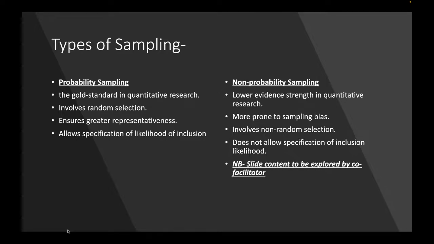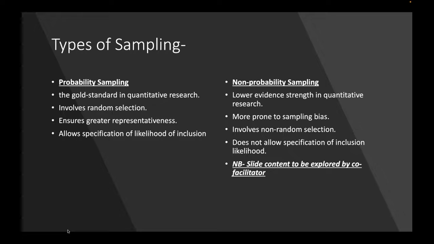Of course, items in the non-probability world are not mathematically determined, so non-random sampling or selection is the order of the day. And because we're selecting people essentially by virtue of whether the characteristics they bear are similar to what we're studying, that then becomes how we include people.